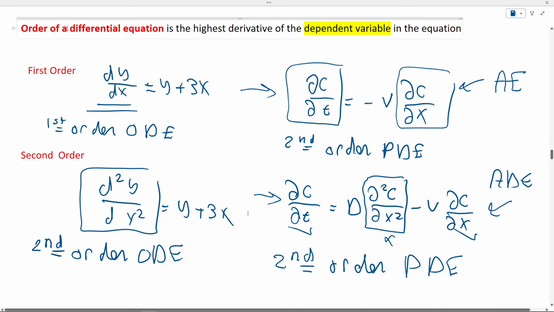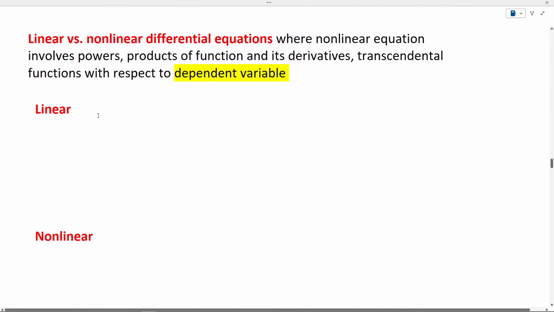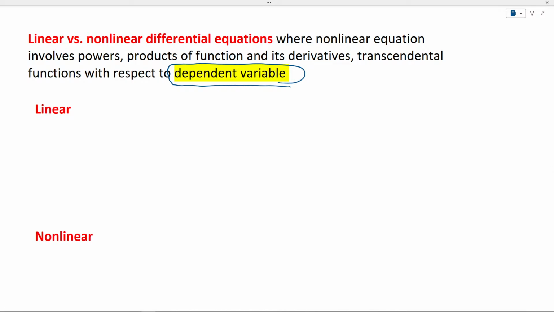Okay, so we learned a new term, the order of the differential equation. Let's learn another term: linear versus non-linear differential equation. Linear versus non-linear has to do with your dependent variable, whether it is linear or non-linear. Let me show you an example.